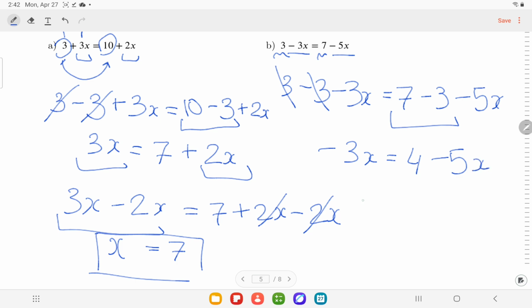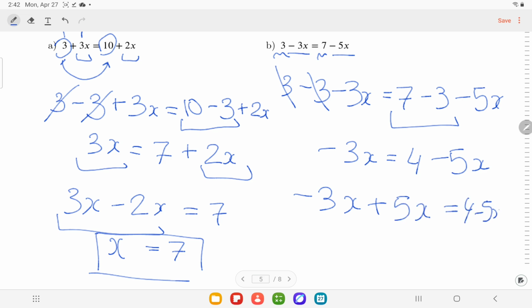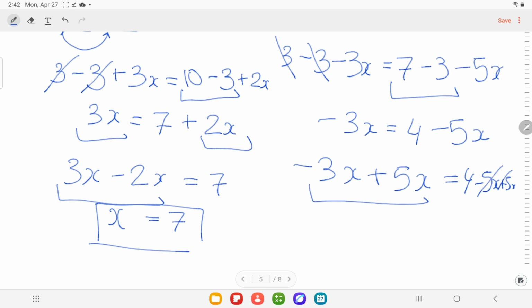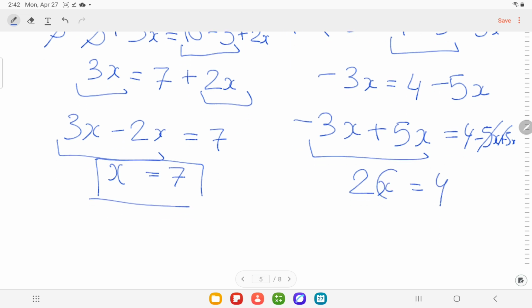And then we can add 5x to each side. And since negative 3x and 5x are like terms, we can combine them to get 2x is 4. And then in order to isolate x even further, we want to divide by 2. So we end up with x is 2.